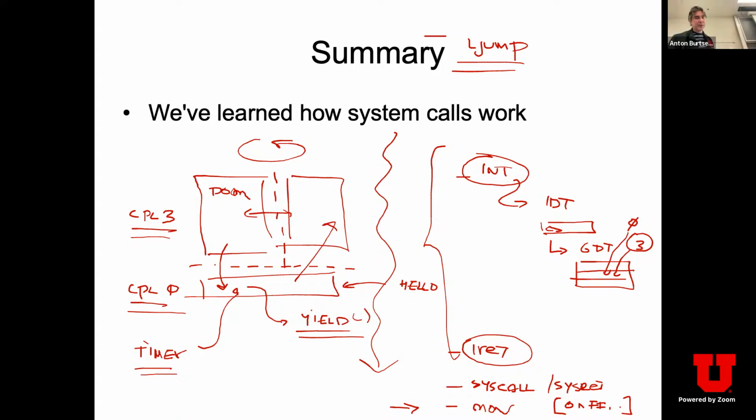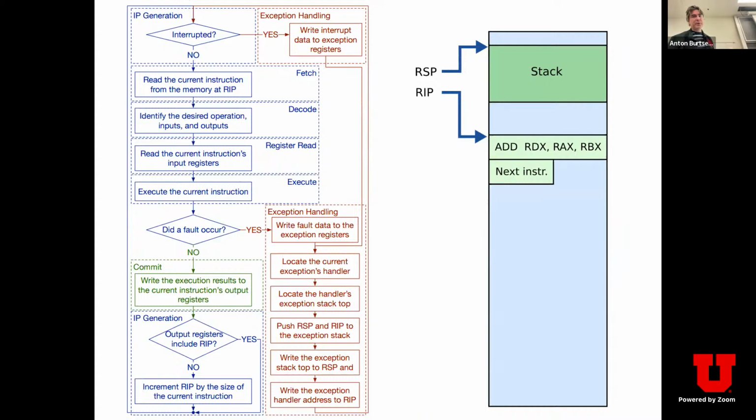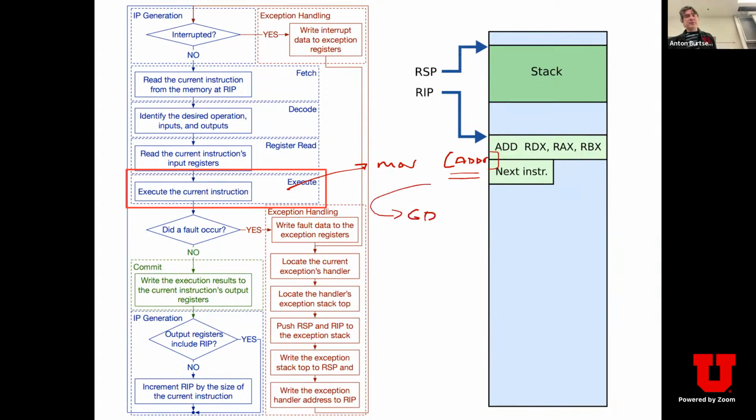So essentially, remember, I'll go back to my fetch, decode, execute loop. You normally execute an instruction, and here you try to execute the move. If there is an error, the address should go through the global descriptor table first.